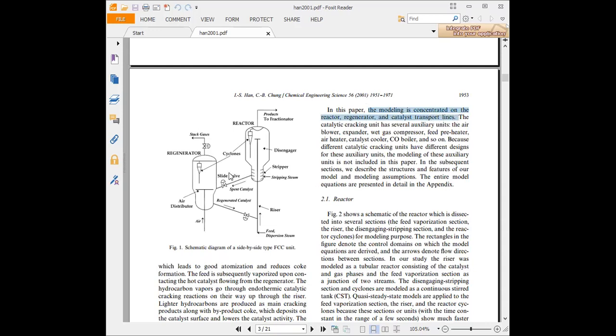Okay, so these are catalyst transport lines number 1 and number 2. This is spent catalyst and this is regenerated catalyst. How we can use or reuse the catalyst. Okay, so in this paper they have discussed reactor, regenerator, and catalyst transport lines.